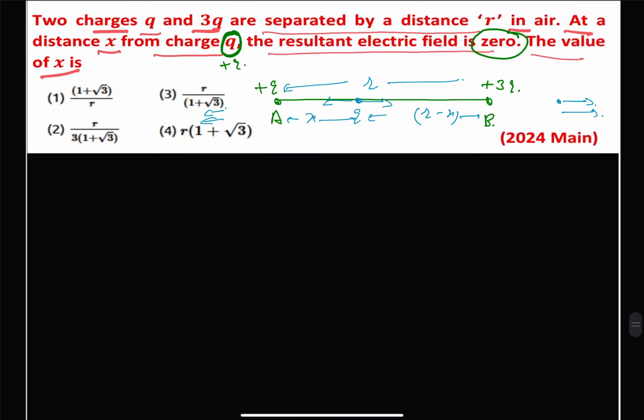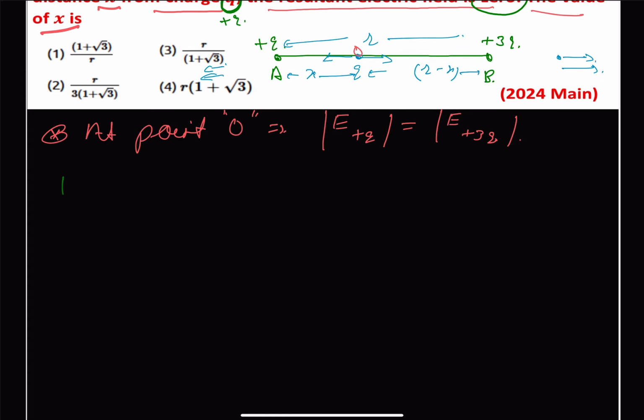So let us call this point O. At point O we are only interested in magnitude, so the magnitude of the electric field due to plus Q should be equal to the electric field due to plus 3Q, and the formula is quite straightforward: KQ upon x square is equal to K 3Q divided by r minus x whole square.